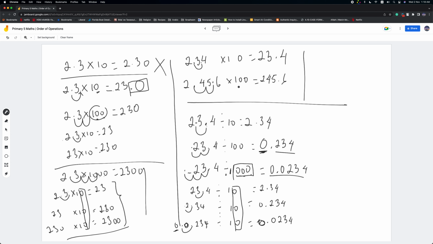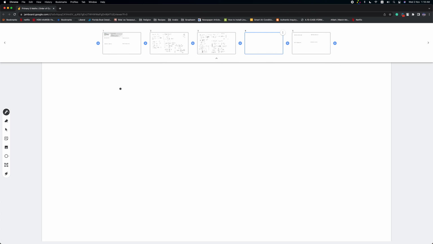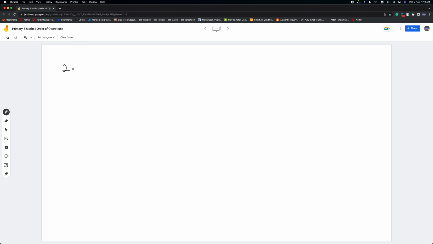Now, what about if we multiply by the multiples of 10, hundreds and thousands? Same thing. So let's say we have 2.34 multiplied by, let's say this time, 40. 4 and 10.